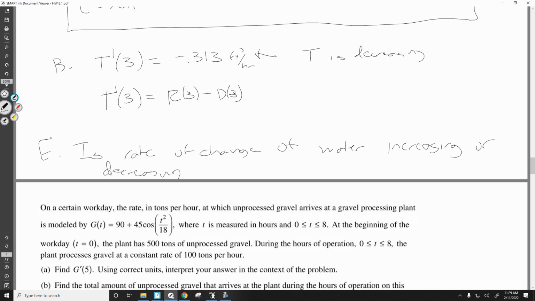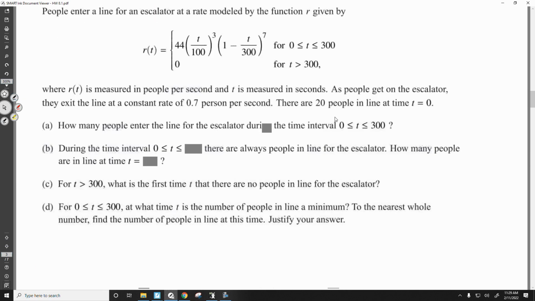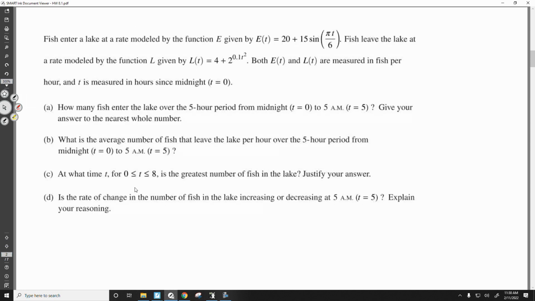If you look at the elevator problem, no, that's not this problem. Where did I see this? The fish problem. Fish in a lake. You're going to have fun with this, guys. Is the rate of change of the number of fish in the lake increasing or decreasing? Okay? Ready? Remember, guys.